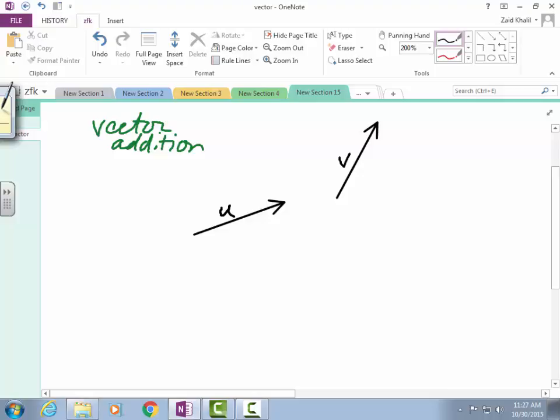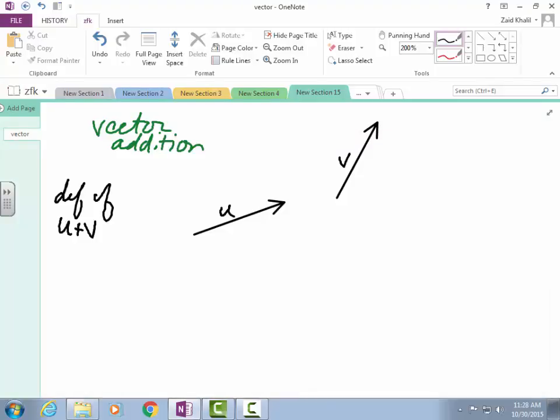And so we need to construct a definition of what u plus v is. The definition of u plus v is you take the tail of v and you translate it to the head of u. Because I'm allowed to translate, right? Based on the definition of a vector, it is an object that has size and angle.